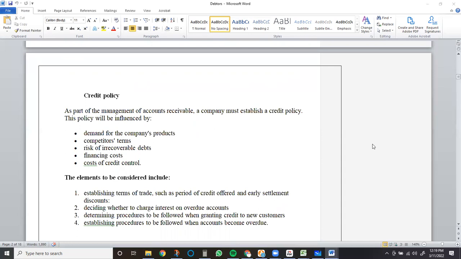The elements to be considered include establishing terms of trade, such as period of credit offered and early settlement discount, deciding whether to charge interest on overdue accounts, determining procedures to be followed when granting credit to new customers, establishing procedures to be followed when accounts become overdue.